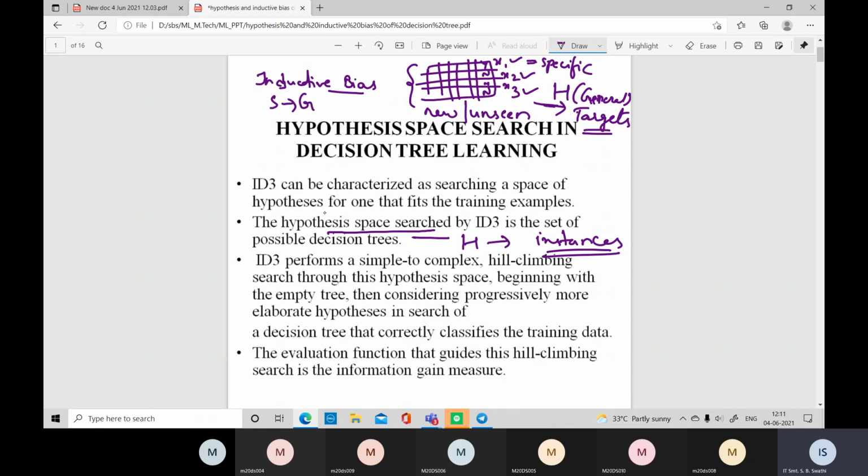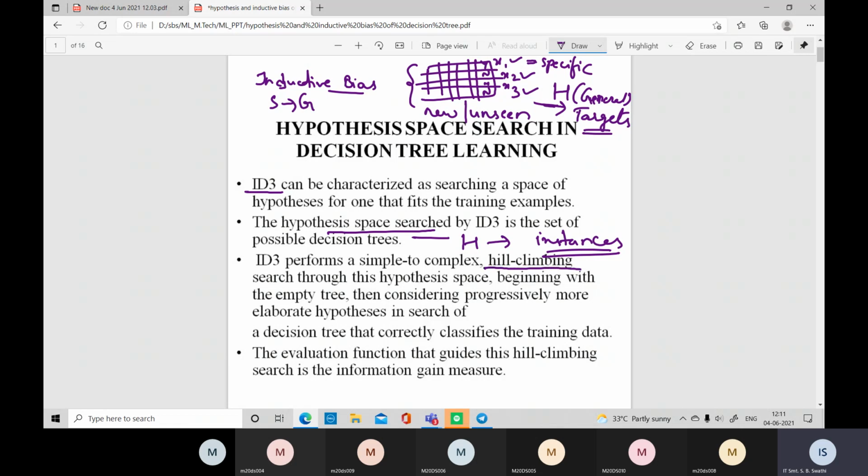And this decision tree uses ID3 algorithm, Iterative Dichotomiser algorithm. Now, this ID3 algorithm is a basic decision tree algorithm. There are a lot of decision tree algorithms. ID3 is the basic one. And ID3 also uses a search called as hill climbing search.